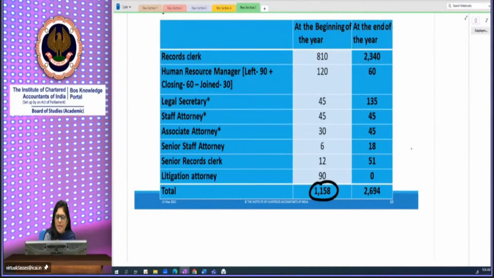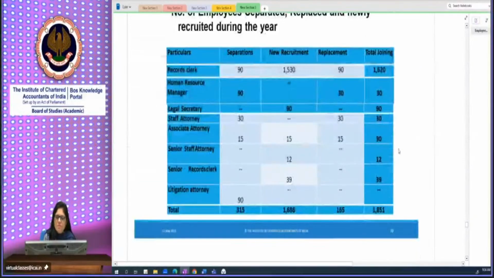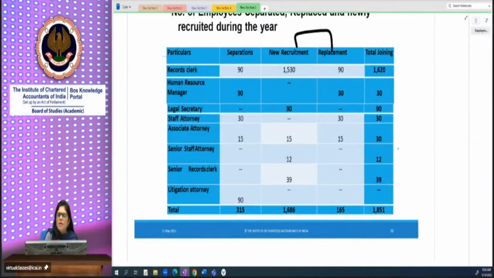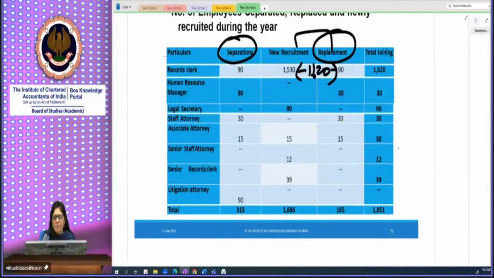So this is the beginning and this is the end. We have calculated all the missing figures. Moving down, see, they have also done this. Separated together it's 1620 and we have split between replacement and new joinee. So for separation turnover we have separations, for replacement turnover we have replacement, for accessions we have all the three.